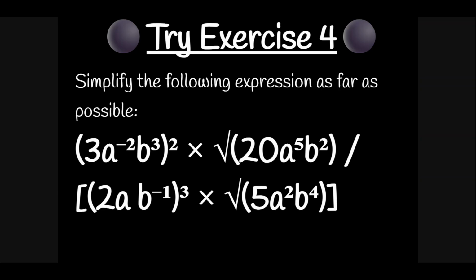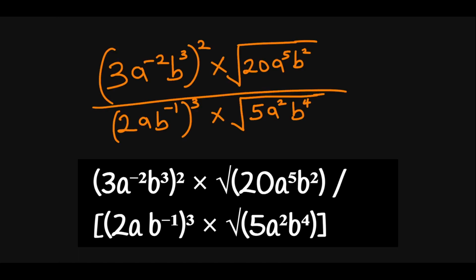So for the final and most advanced try exercise, we are going to rewrite it so that we have a proper orientation, numerator and denominator. So this is it. The next thing we are doing, we are looking at the expression. Are all the operators from the same family? Yes, they are. They are all from the multiplication family.